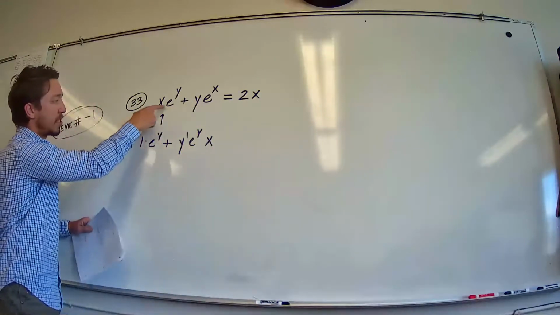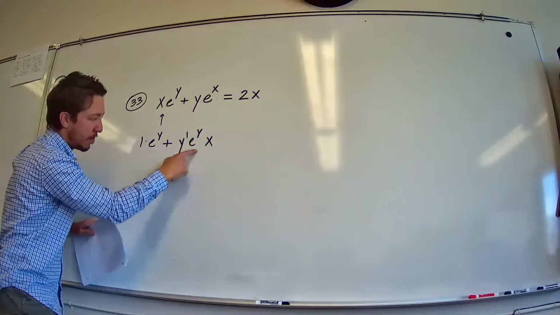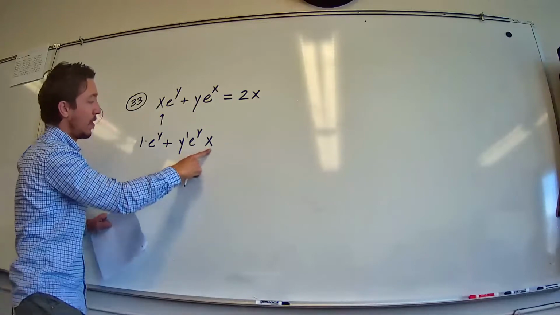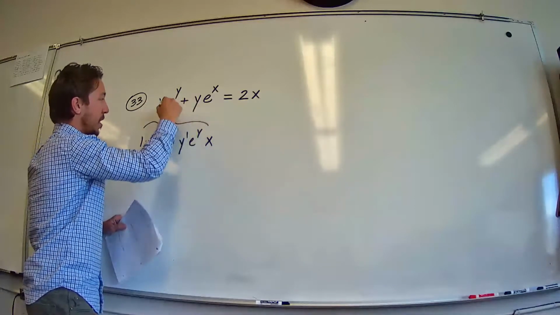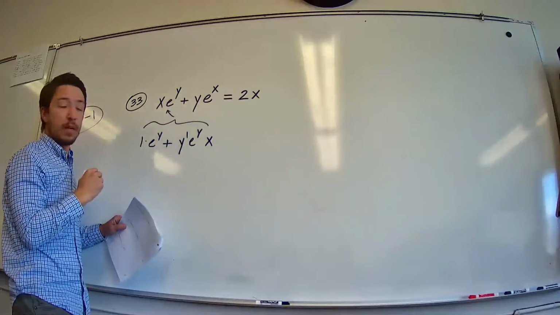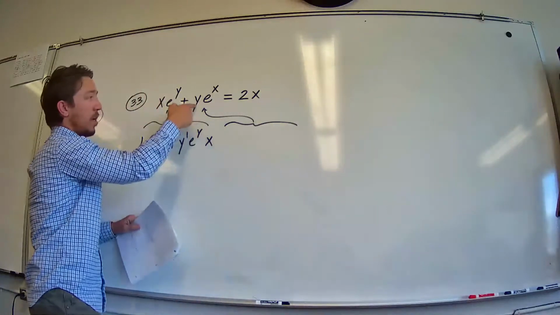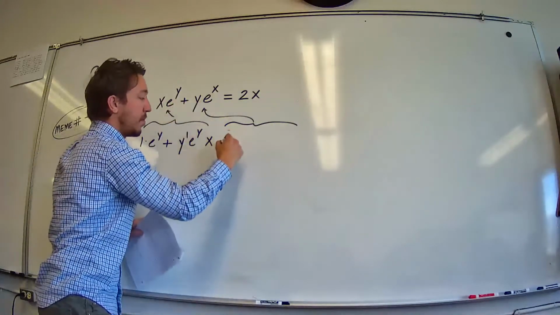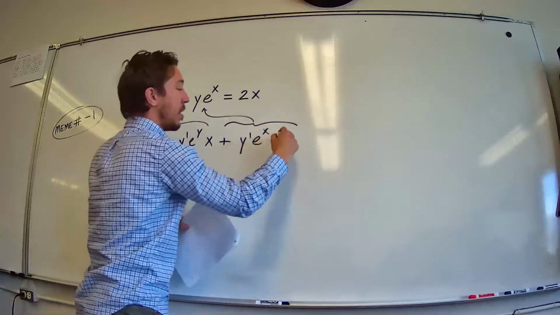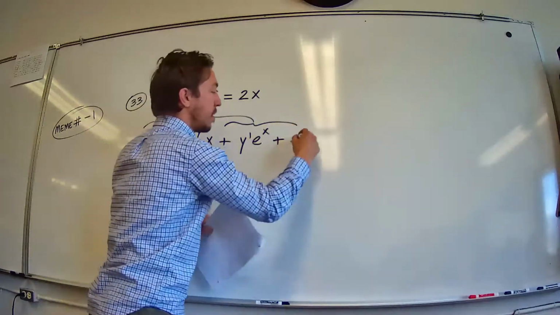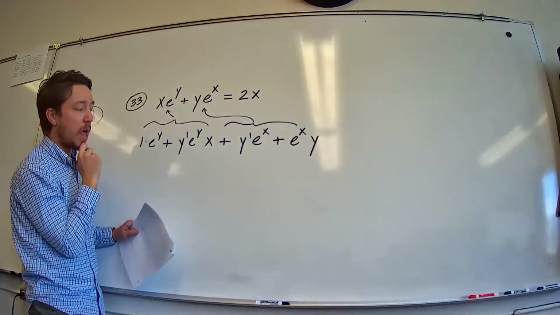So this reads A prime B plus B prime A. That first guy, this whole thing was just that guy's derivative. And then this guy, A prime B plus B prime A. You okay with that?